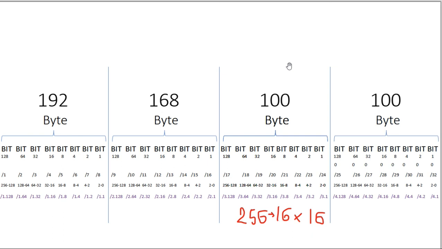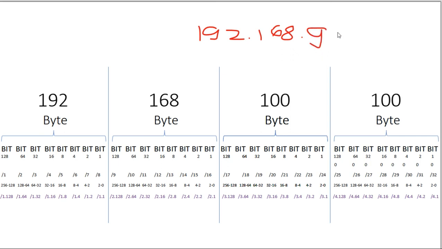So what will be the first one? 192.168.96.0 or 1. It depends on whether you want to include the network IP address. I'm including it.